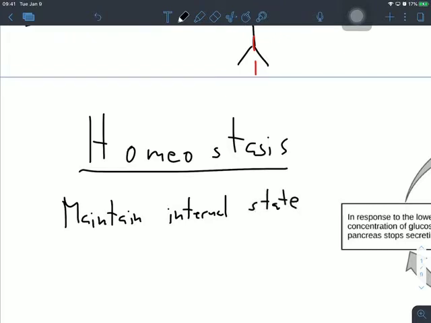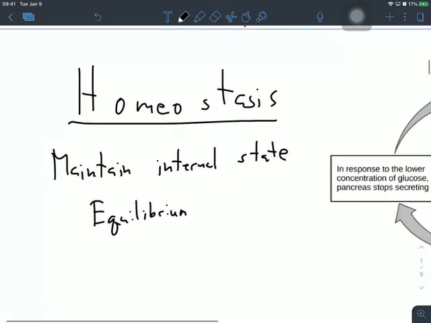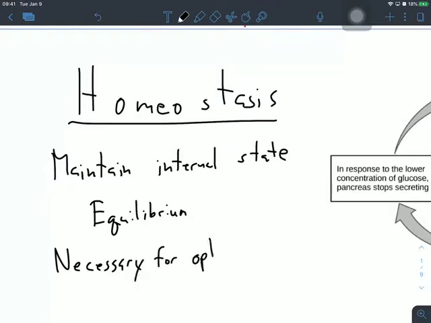Now, we need to keep constant our internal state at an equilibrium, not because it's comfy, but because it's necessary for protein function. We are fine-tuned.